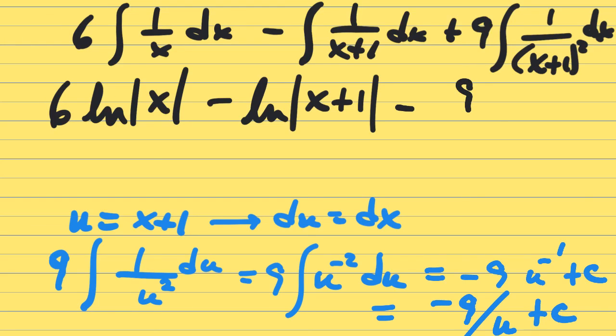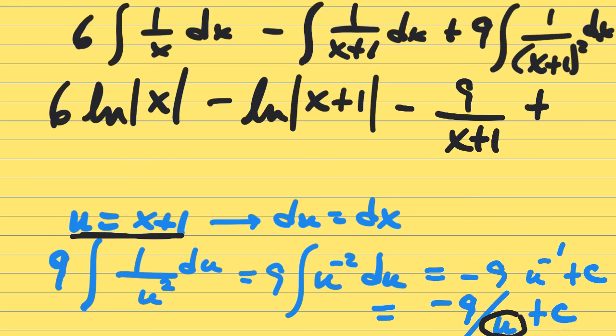Negative 9 over x plus 1, and then we finish it off with the constant of integration plus C.